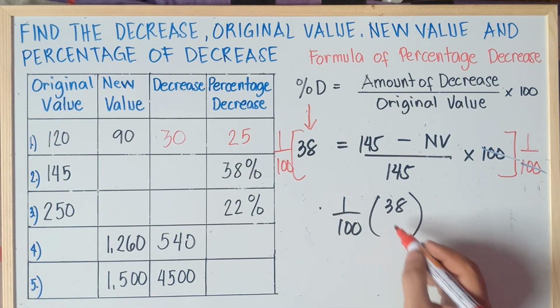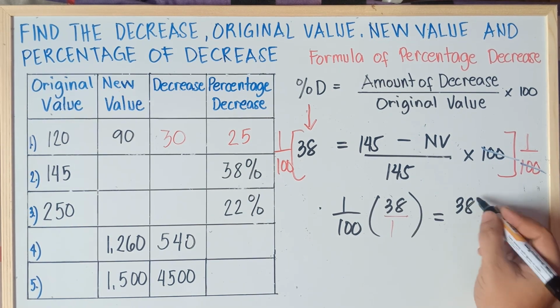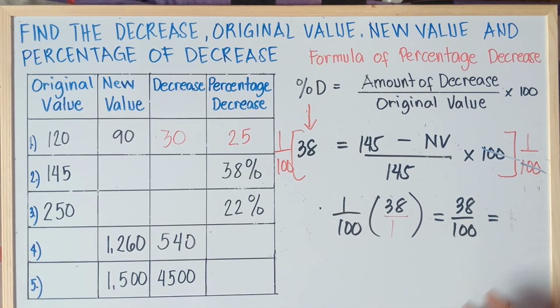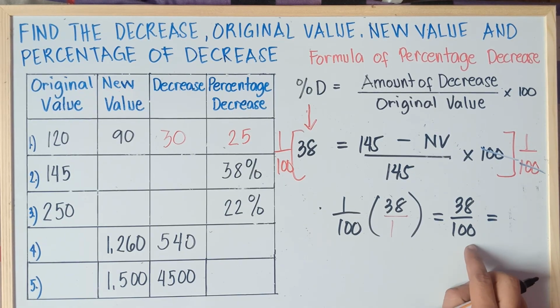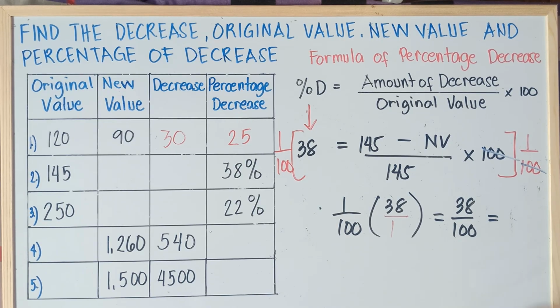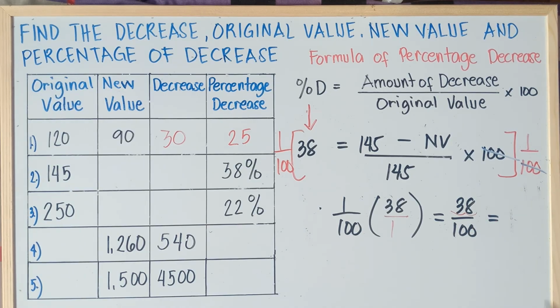Understood that there's a 1 here, so 1 times 38 is 38, and 100 times 1 is 100. If you're dividing a whole number by 100, you just move the decimal point from right to left twice. 1, 2, and this will be 0.38.